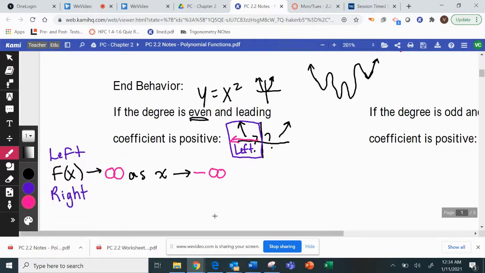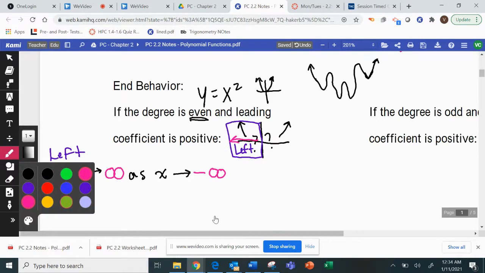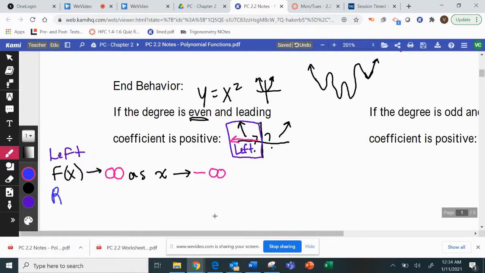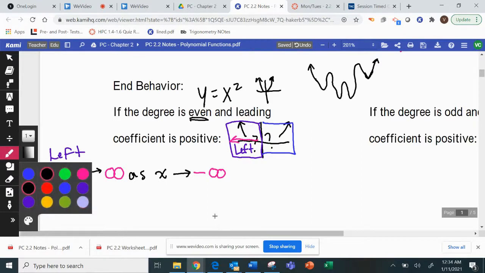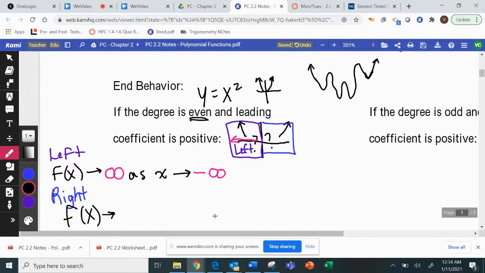Then there's a second part. We now have to talk about the right side. Let's do the right side in blue. So here's the right side of the graph. And we start out with f of x is approaching. Now we look here and you see that your f of x is going up.